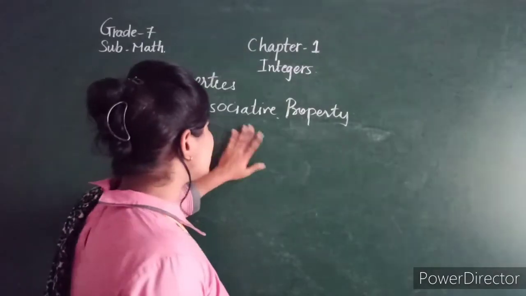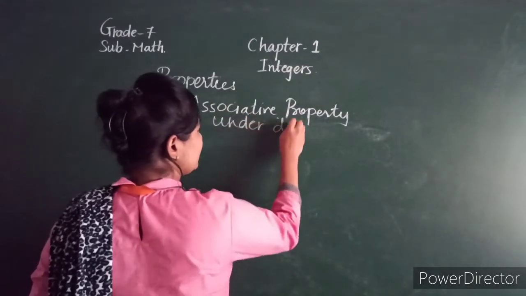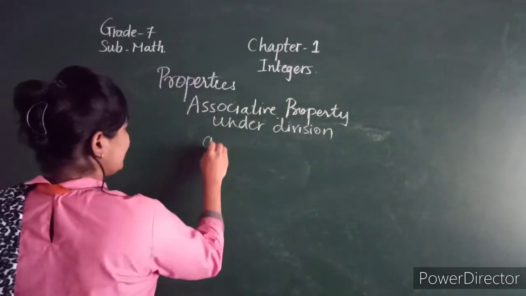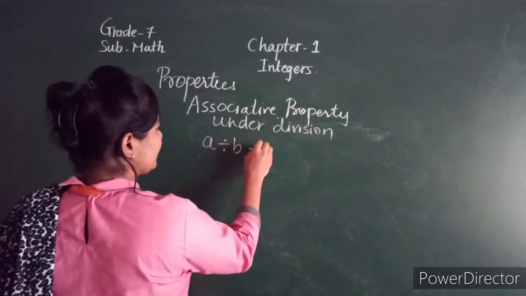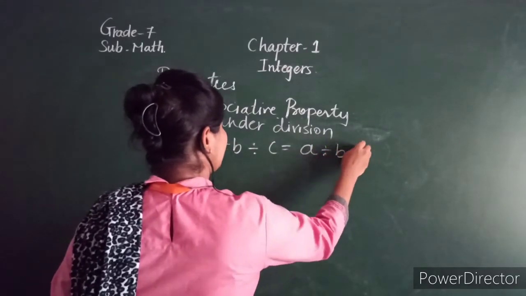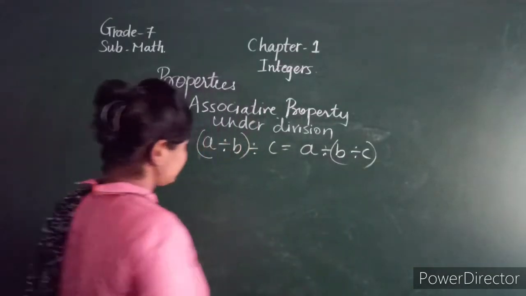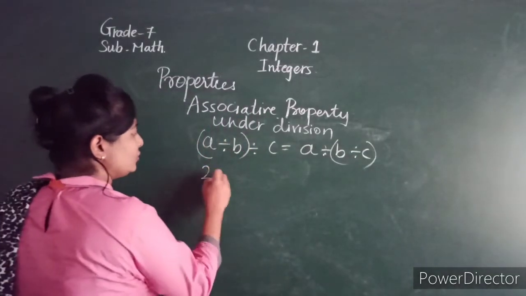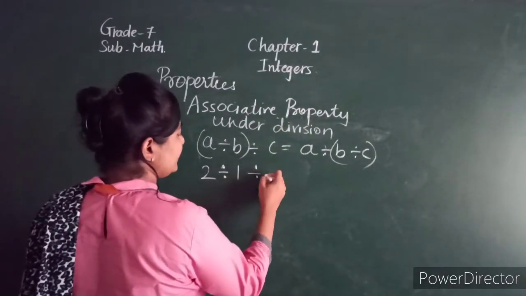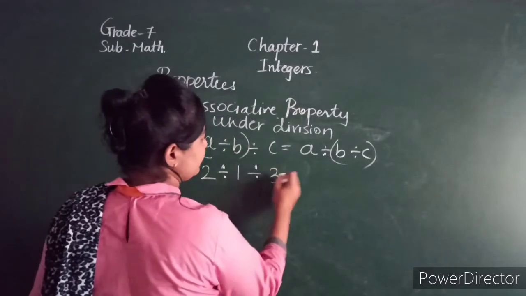Now let's check the associative property under division. Take this grouping and here this one. 2 divided by 1 divided by 3. If you divide 2 by 1, it is 2, and 2 divided by 3.